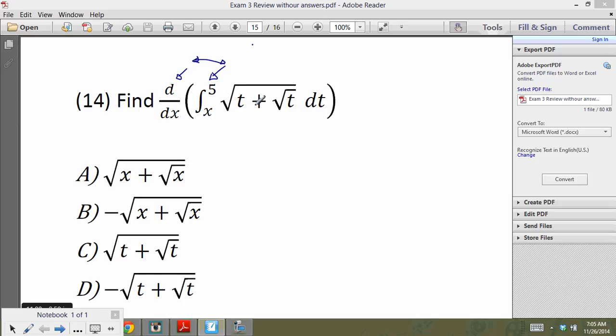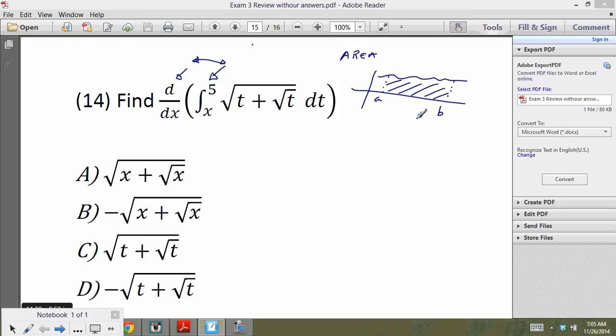When you do this integral right here, one concept that the integral can embrace is that of area, right? So if you have some function, one way to look at that integral from a point A to a point B over which the thing is defined is to think of that area in there.